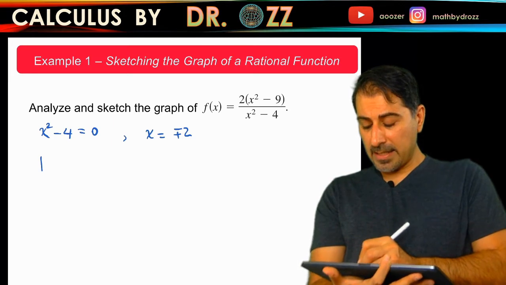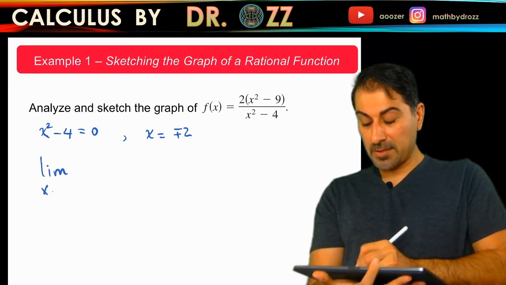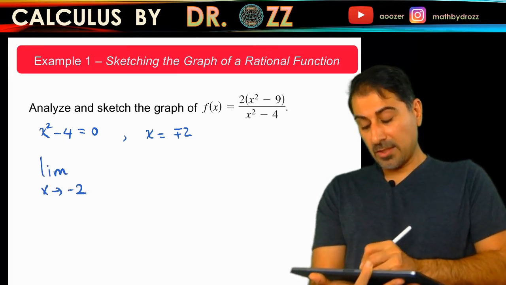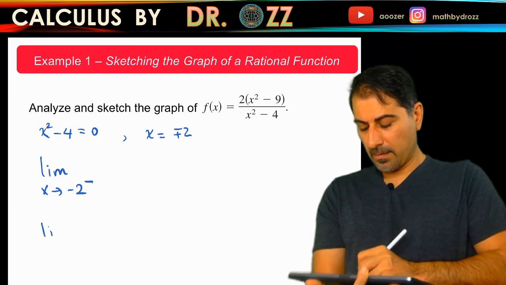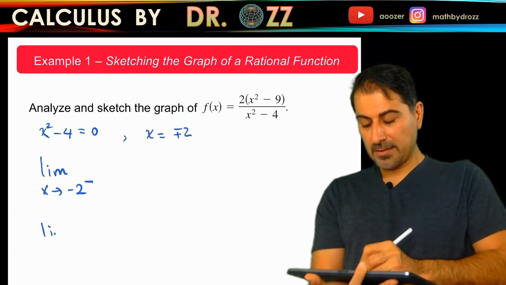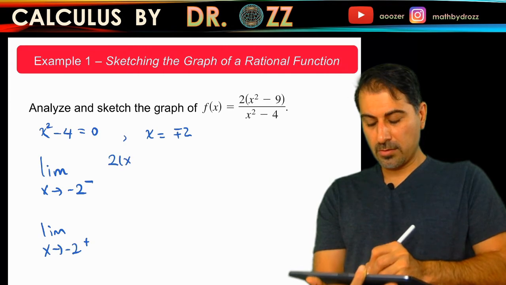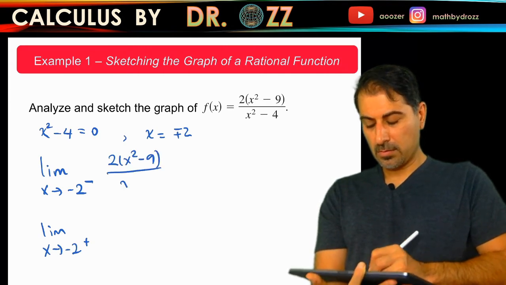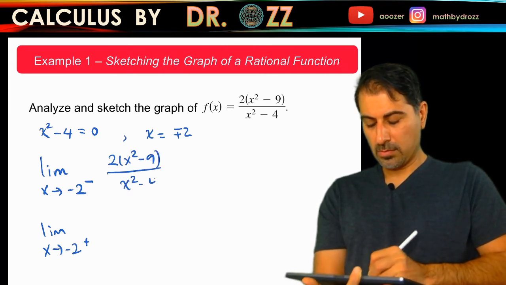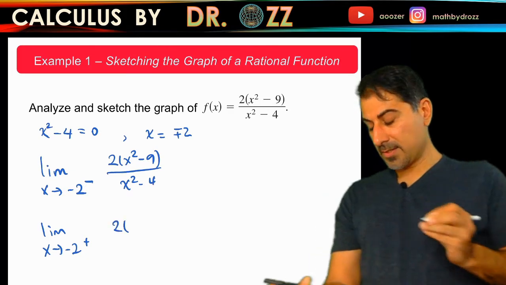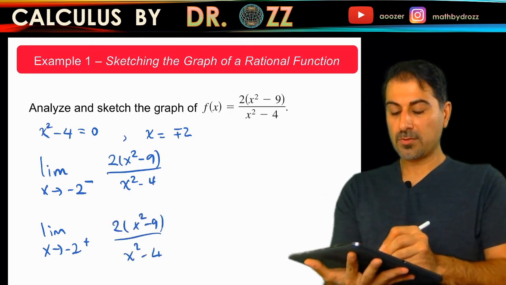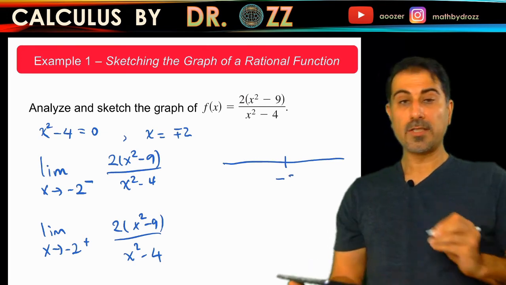So let's analyze the one-sided limits because that's what we're going to need. Let's start with negative 2. We're going to list the functions here, and the way we look at it is you just draw a line here. So here is negative 2.